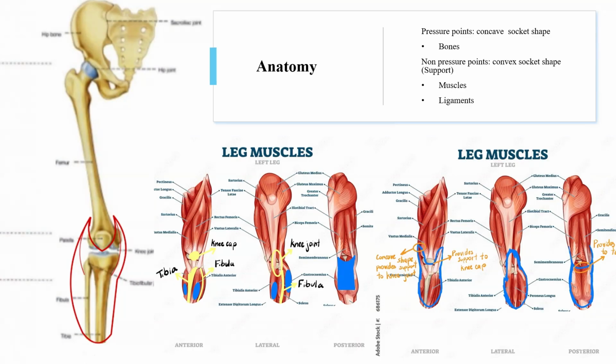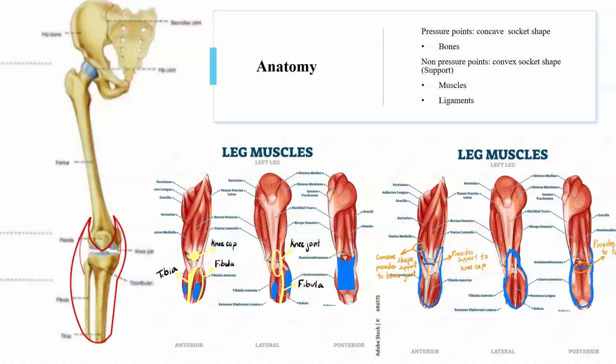So the tougher regions of the leg, such as bones, require a concave shape, whereas softer tissue is usually where support is placed, so muscles and ligaments, things of that nature.